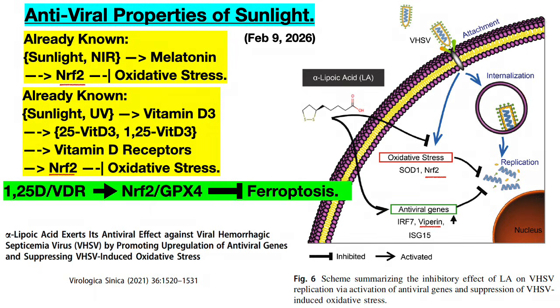Calcifediol, 25 vitamin D3, and calcitriol, 1,25 vitamin D3, are potent agonists of the vitamin D receptor. So these liver and kidney metabolites of vitamin D3 stimulate vitamin D receptors throughout the body. In doing so, they upregulate the expression of NRF2, the master anti-inflammatory antioxidant transcription factor inside cells.